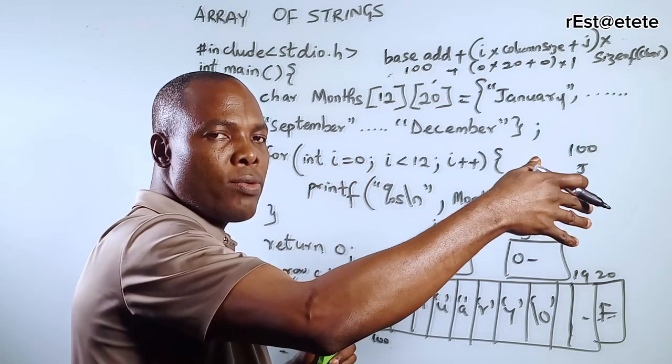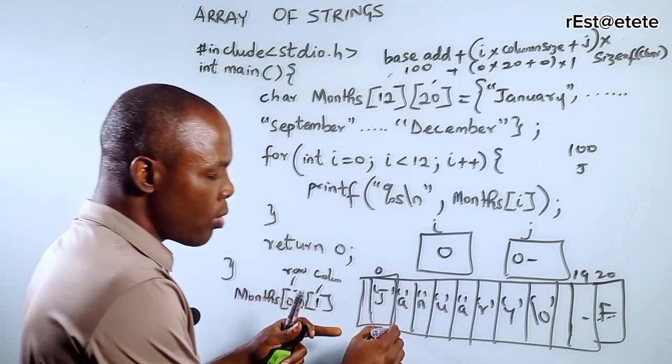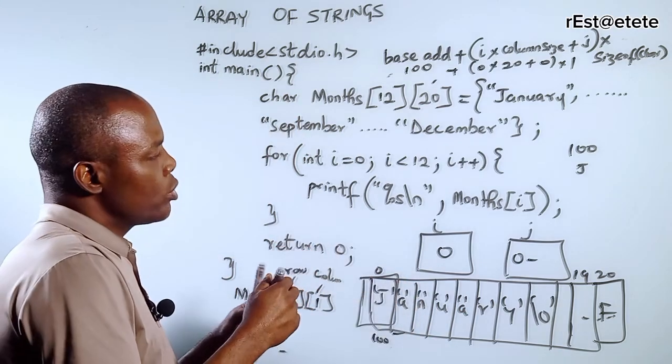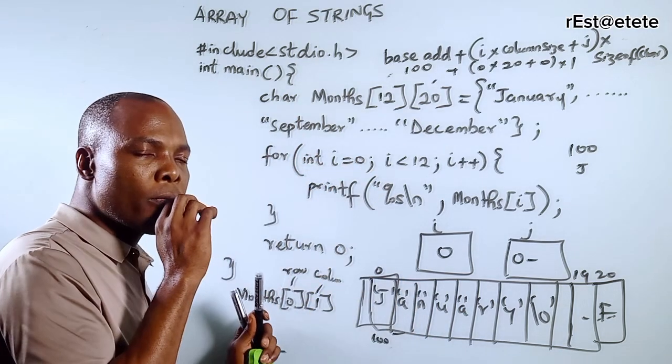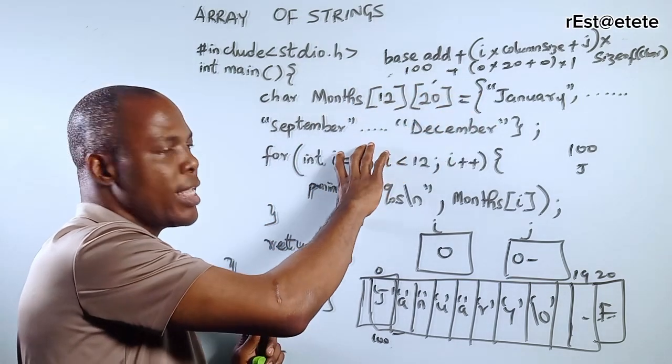Then you count January, you populate it on the screen. Then you come out to the second one, you go in, you count February, then you populate it on the screen. So this is how you are going to print out arrays of string using a nested for loop.